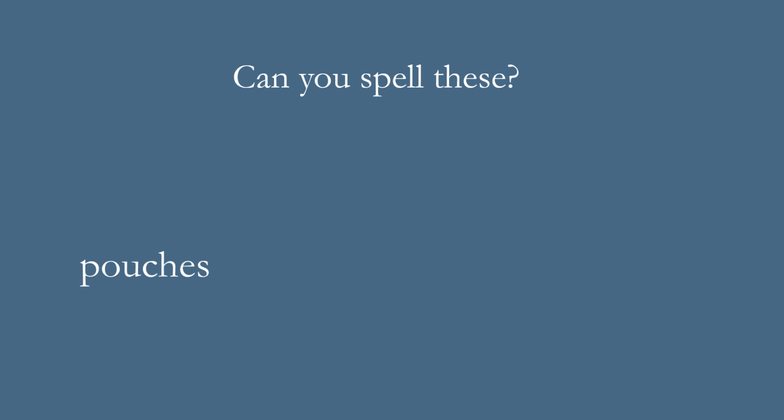The next word is pounds. The doctor told her that she weighed 82 pounds. All right, let's take a look at that one. And there it is. And that's a little tricky also because that S sounds like a Z, just like it does in pouches. Okay, the third word is plowing.